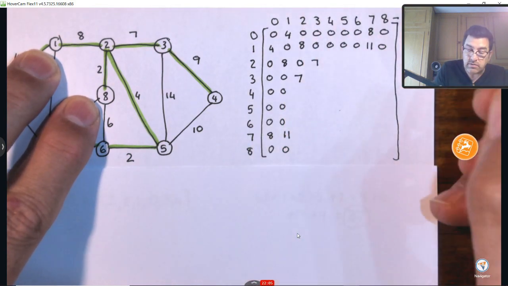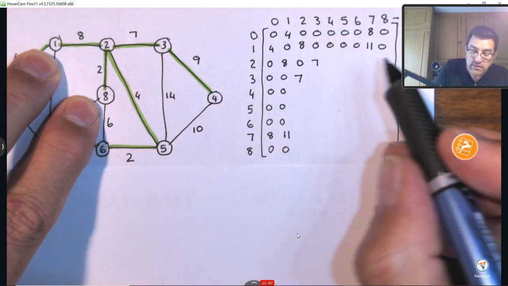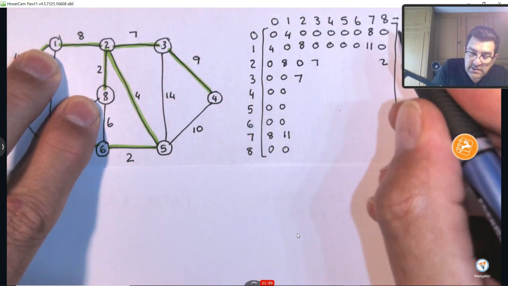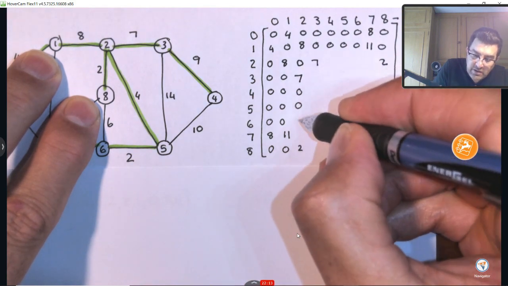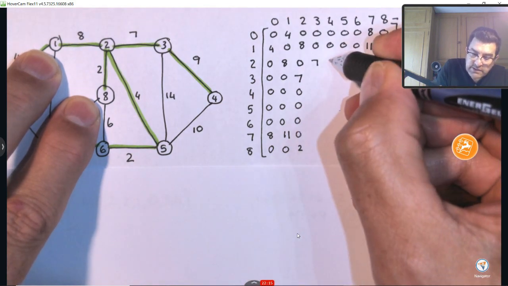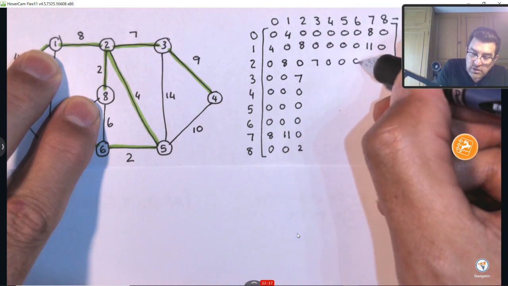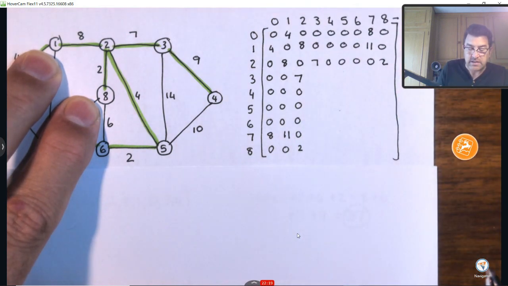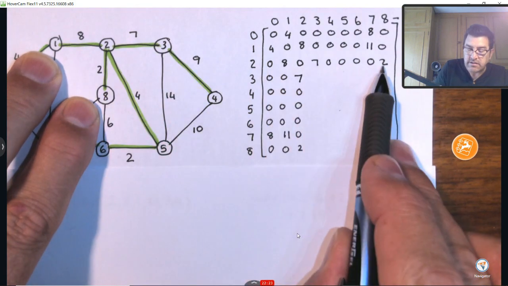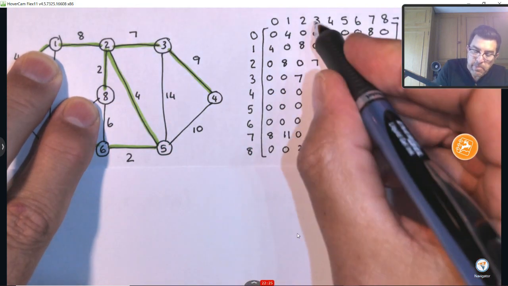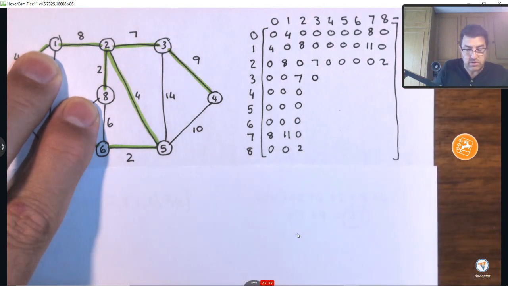And also 8 with a weight of 2. So 2 and 8, and 8 and 2 connect. The rest of them, there's no connection. So as per the definition, we record zeros. Now you can check yourself. 2 connects to 3 vertices, so there must be 3 weights. So 3 and 3 is 0.